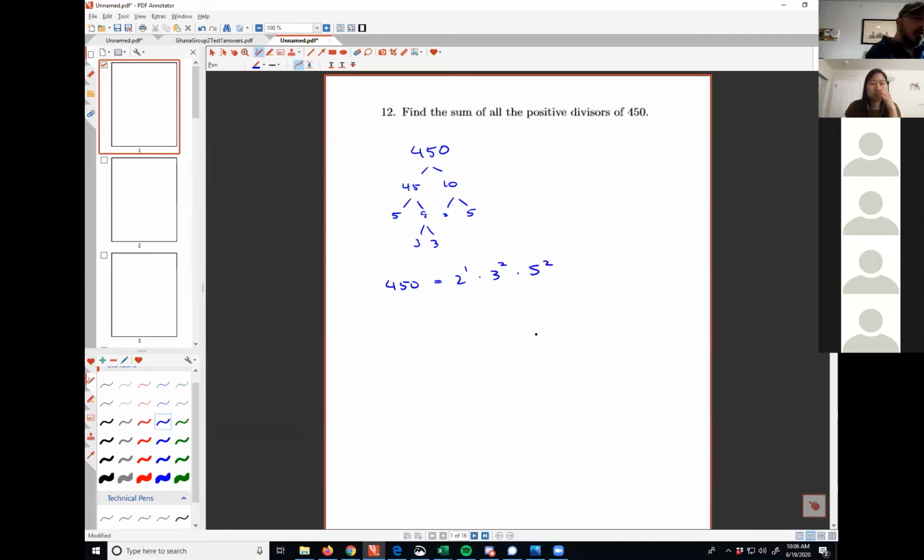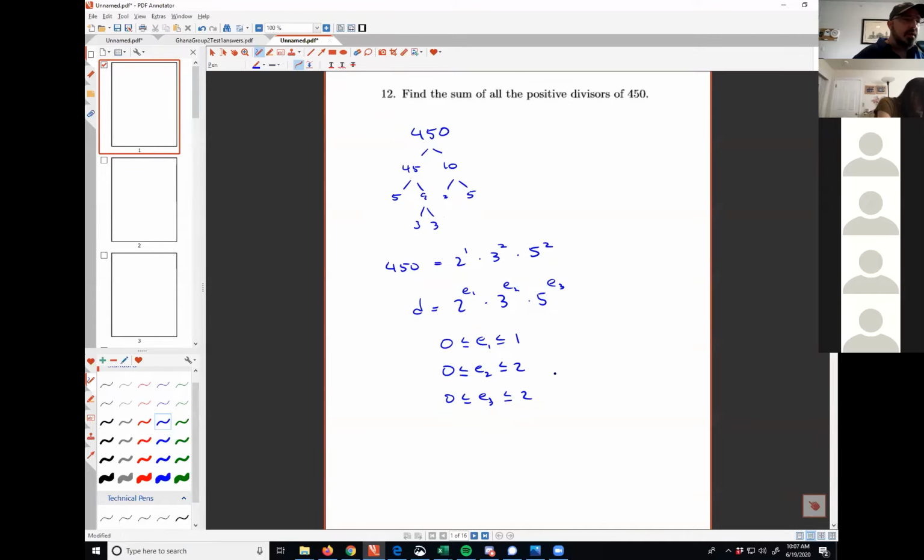So what we're looking for are all the divisors in the form 2 to the E1 times 3 to the E2 times 5 to the E3. And in this case, E1 can be 0 or 1. E2 can be 0 or 2. And E3 can also be 0 or 2. So we want to find some way to take all 18 divisors and sum them at once.